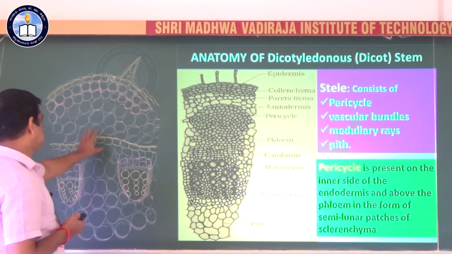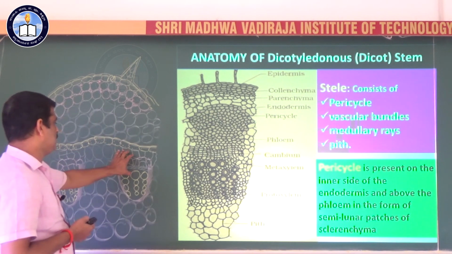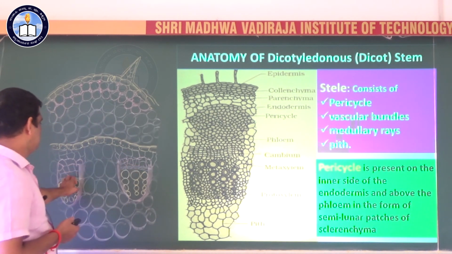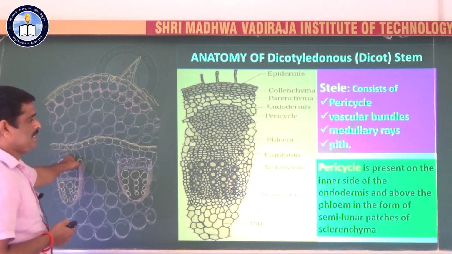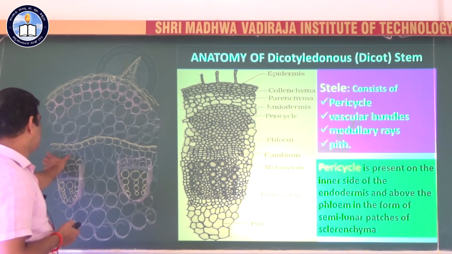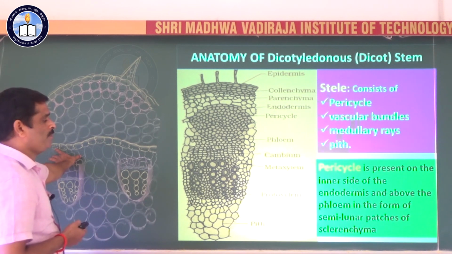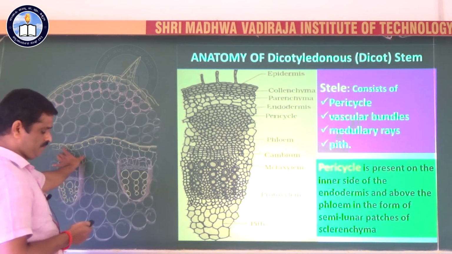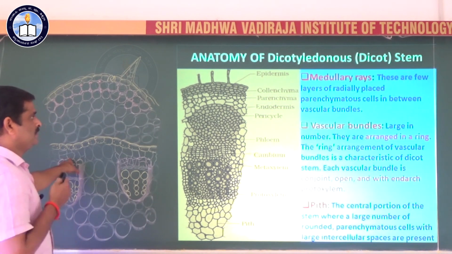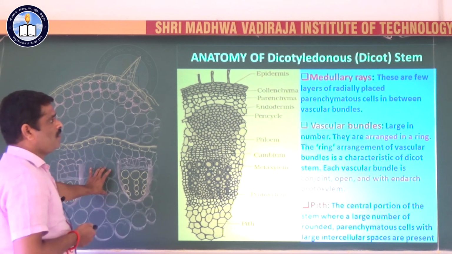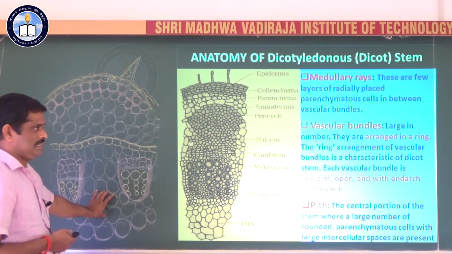Then the stele consists of the pericycle, the vascular bundle, the medullary rays, and the pith. Pericycle is present inside the endodermis in the form of a semilunar patch over the phloem, that is formed of sclerenchyma. And the medullary rays are formed of parenchyma cells.